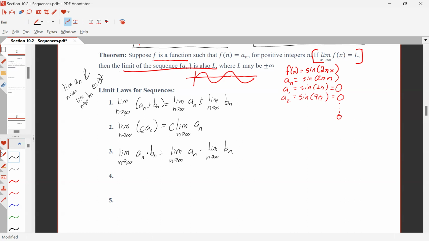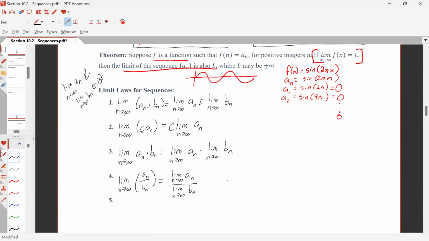The fourth limit law is if multiplication works, division works. So the limit as n goes to infinity of a sub n over b sub n equals the limit of a sub n as n goes to infinity over the limit as n goes to infinity of b sub n.